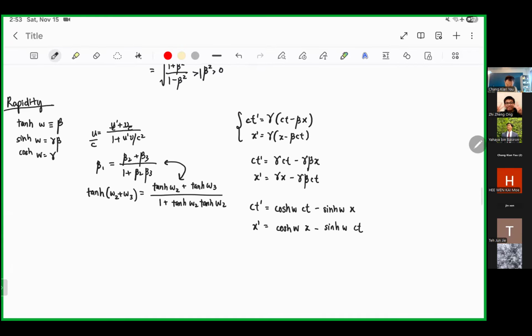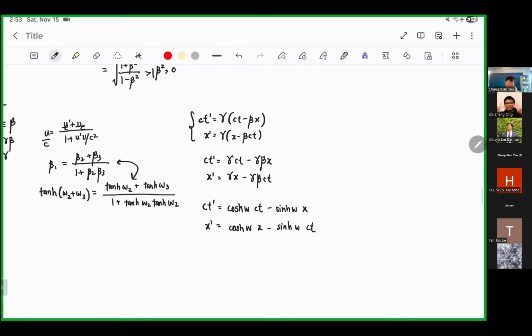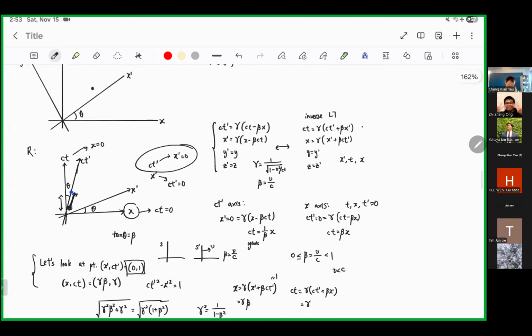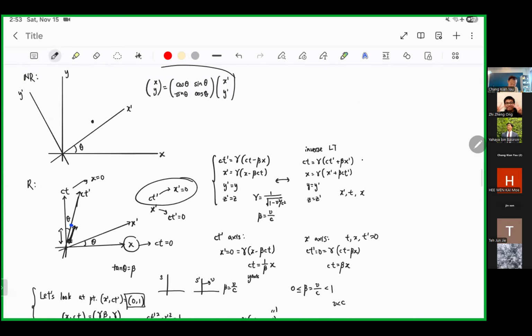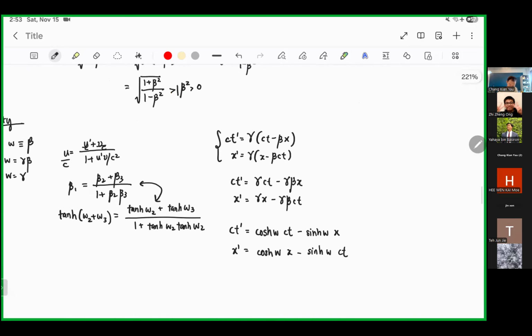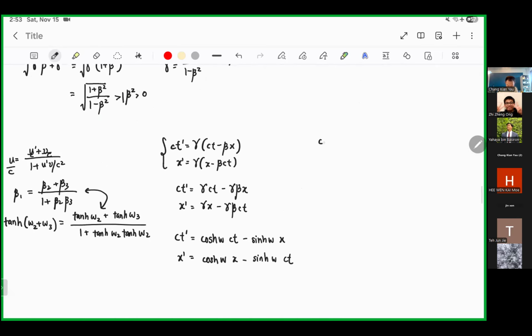Or if you write it the other way around, using the inverse Lorentz transformation, ct equals gamma ct prime plus gamma beta x prime.